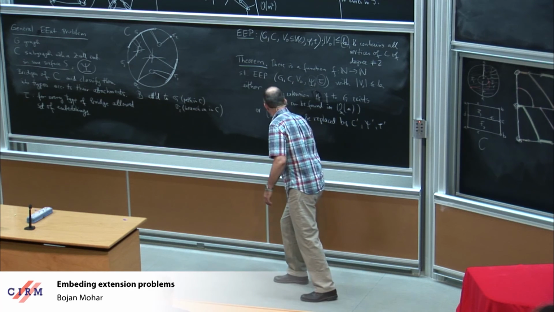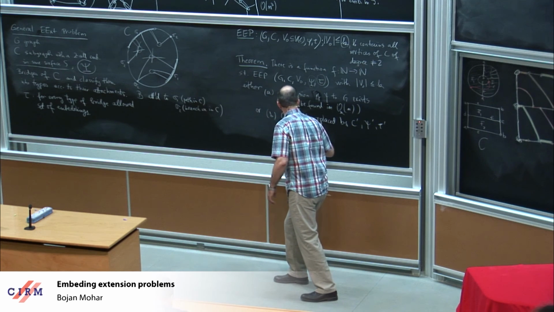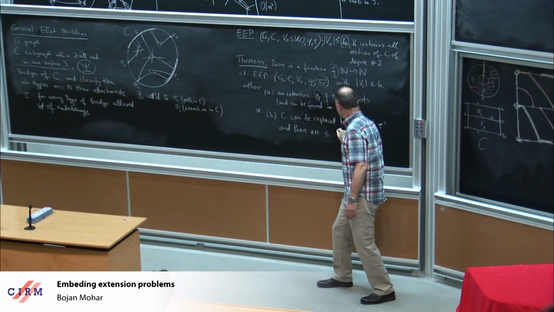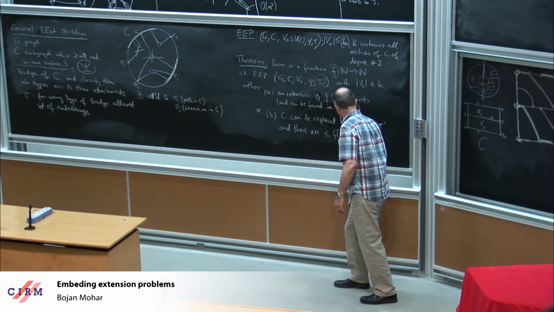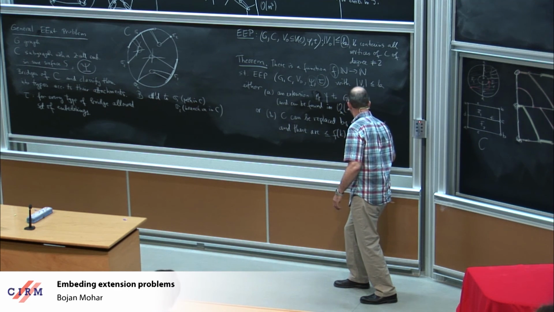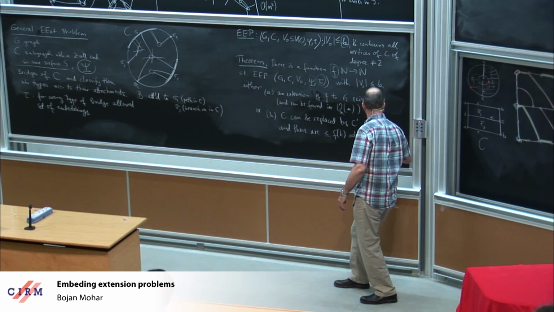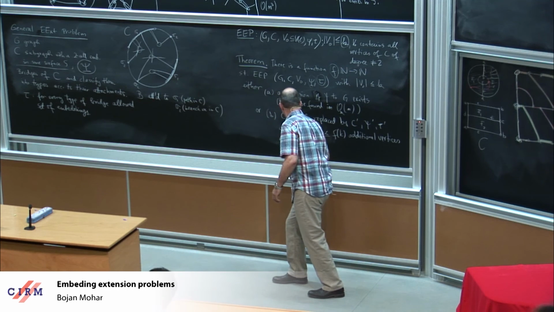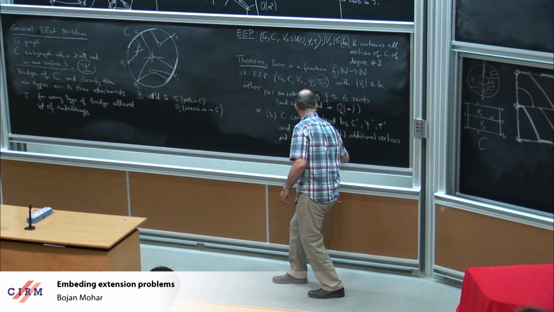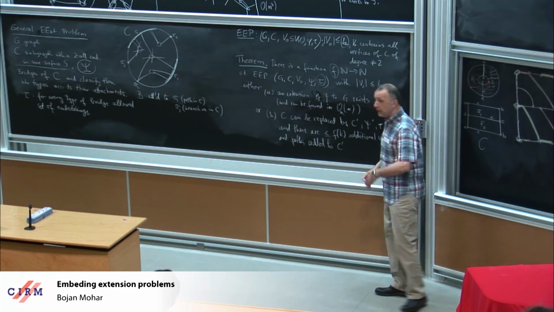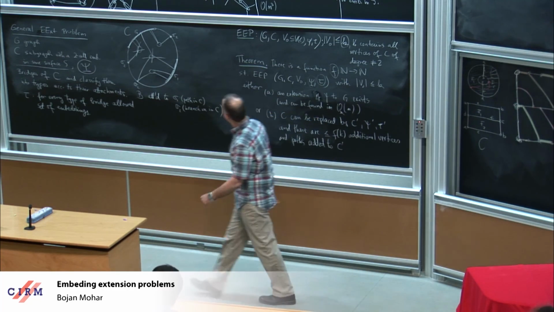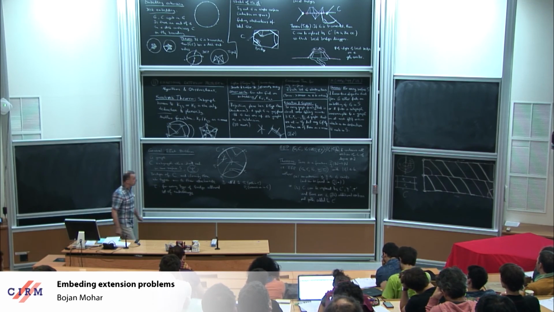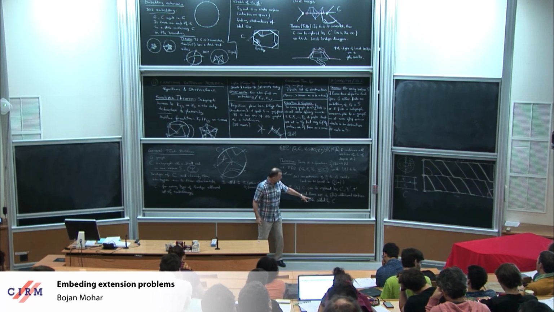And there are at most this many, not too many, only a bounded number, f of k, additional vertices and paths added to C prime. So we add a few more vertices and paths, like these disjoint crossing paths or tripods for the disk embedding, so that this forms an obstruction.